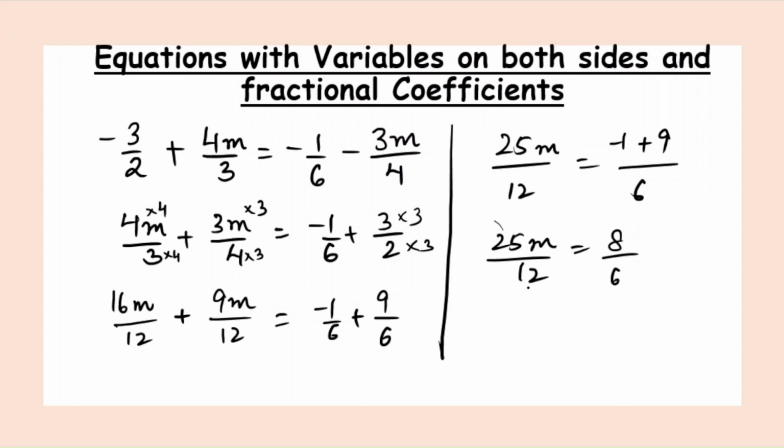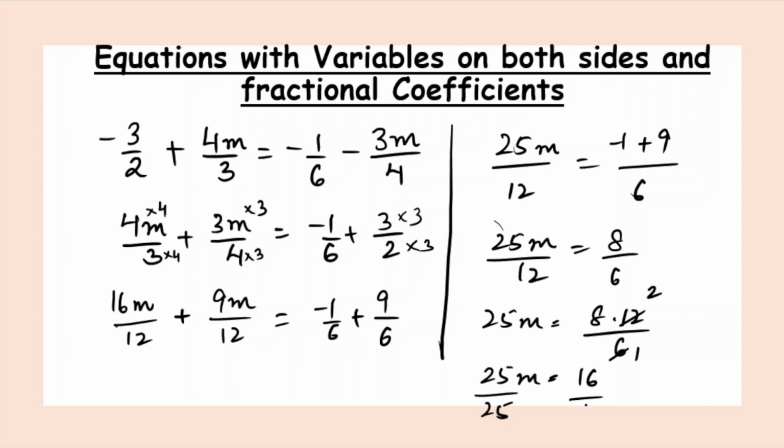This 12 is being divided, so when it will shift to the another side, it will go with the sign of multiplication. So 8 times 12 over 6. I can divide this 12 with 6. So 25m equals 8 times 2, 16. Divide by 25 on both the sides. I get m as 16 over 25, and that's the answer for this equation.